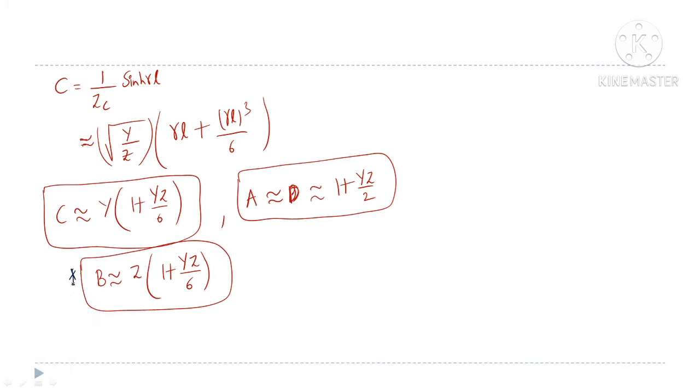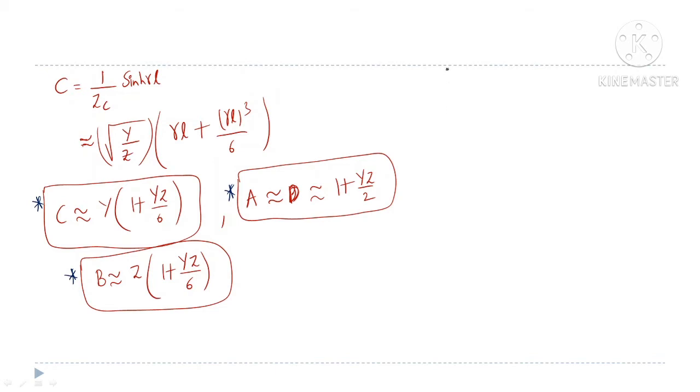Okay, so these are the approximate values of A, B, C and D. Now directly substituting these ABCD values in the sending end and receiving end equation, you will get the sending end voltage and sending end current.